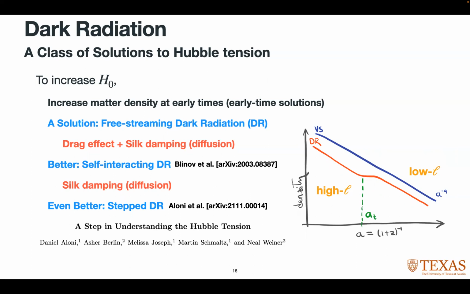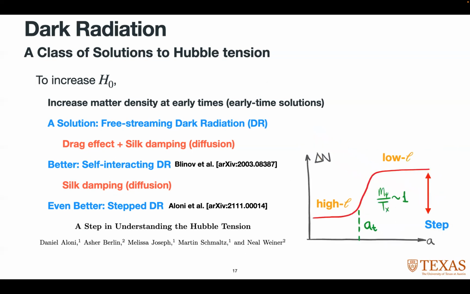Into the dark radiation, such that the higher L modes that entered the horizon earlier still see less degrees of freedom, while the low L modes feel higher degrees of freedom, so we can increase H naught.